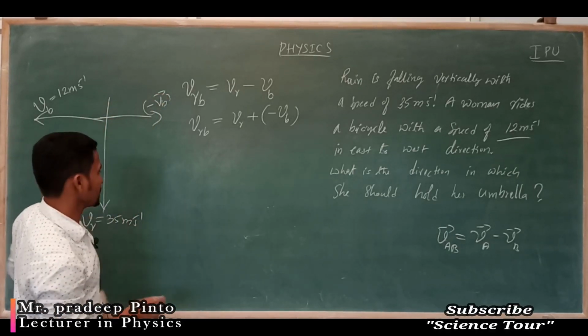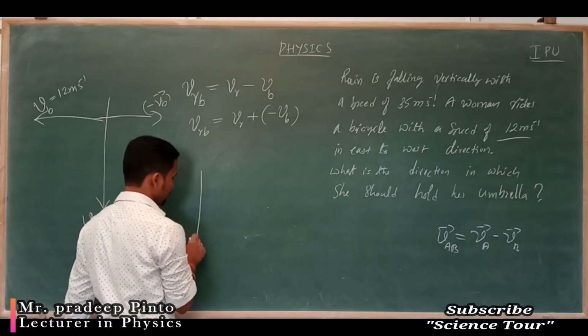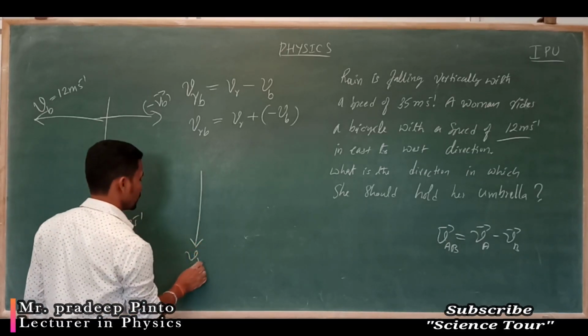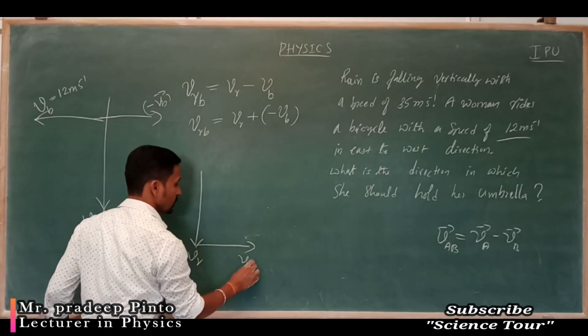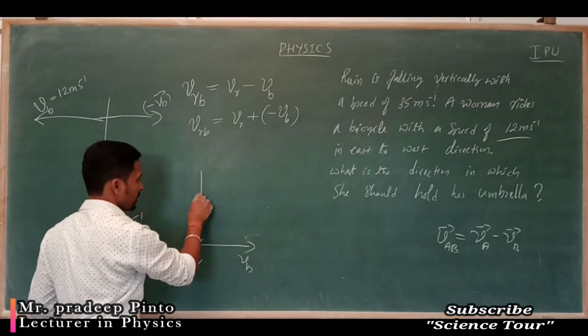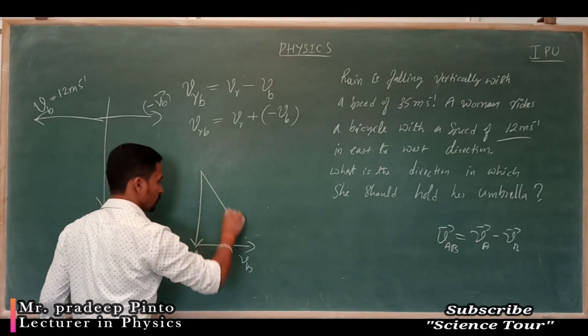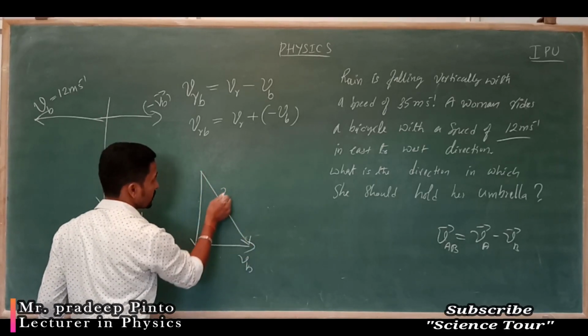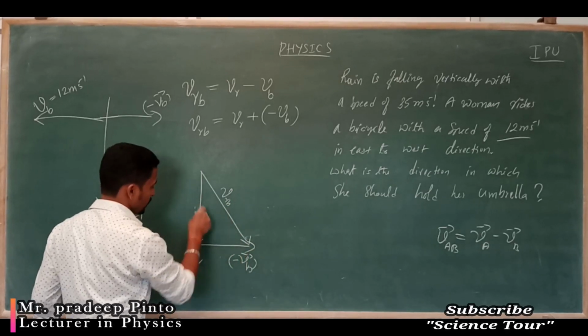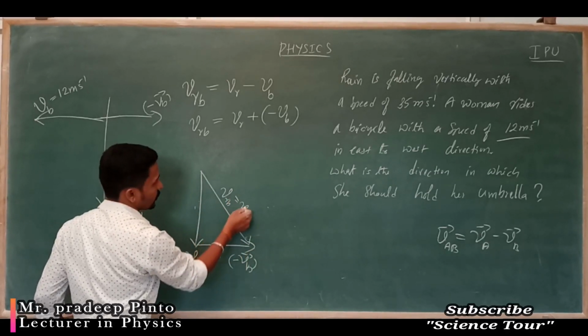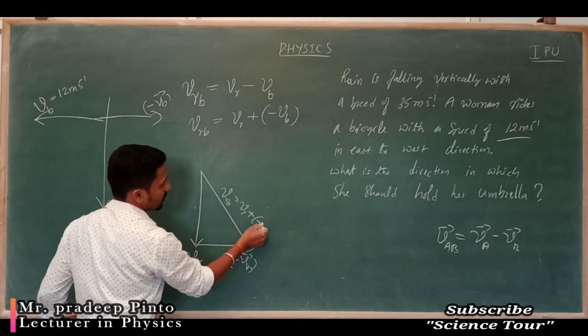The same minus VB I can write down here, no? So two vectors are there; if I arrange them head to tail, this is VR, and the same vector I am arranging here, this is VB. One more vector will be in this way, this is nothing but VRB, which is VR plus minus VB.